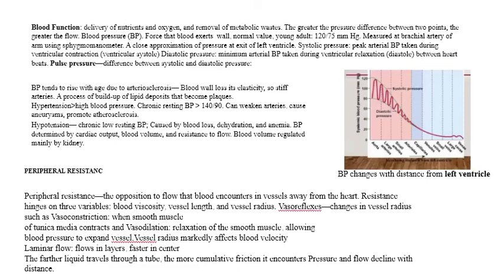So it's determined by the cardiac output, the blood volume, and the resistance. This is related to the blood pressure, the flow of the blood, and the blood volume is regulated mainly. So this is the important point: the blood volume is usually regulated by what? By the kidney.